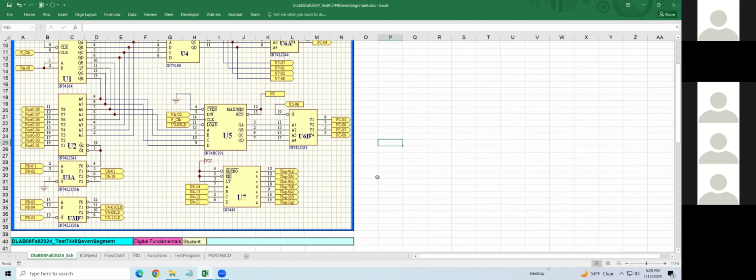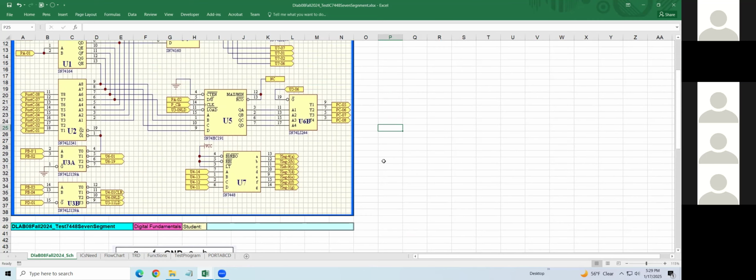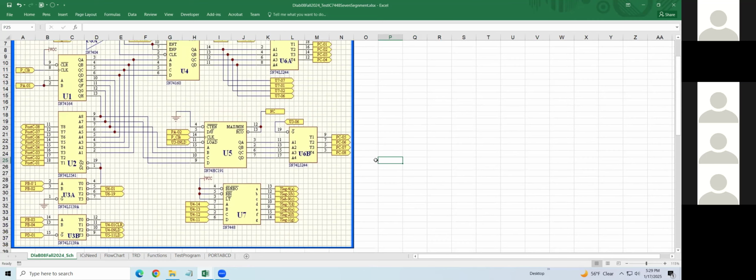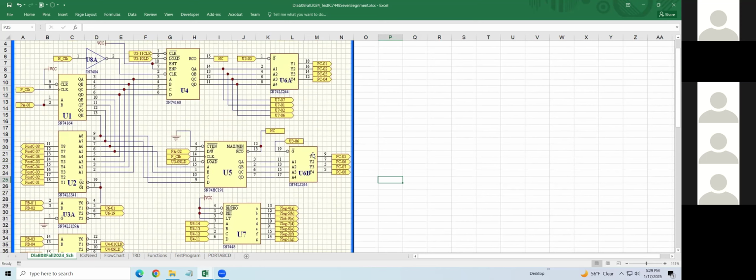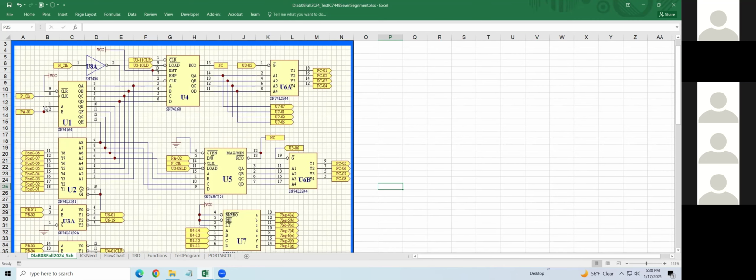Does anyone have any question? Yeah, I have a question on U4 and U6. When would you connect U8? U4, U6, there, the negative clock here, right? Yes. The thing is, we are already using the positive clock here. We don't have a positive clock for that guy.